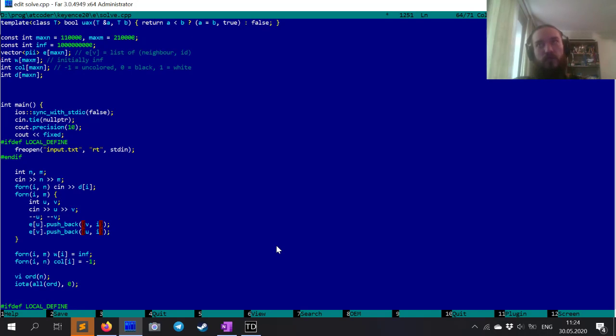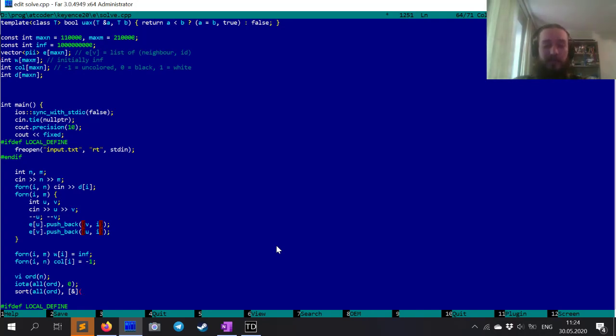Okay, so now we need to sort this by increasing of D. Here's how we are going to do that. So we use the standard sort function with a custom comparison, and this is going to be again a lambda function.